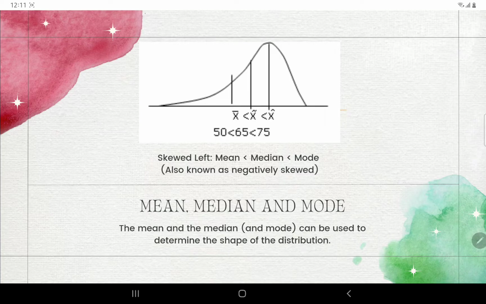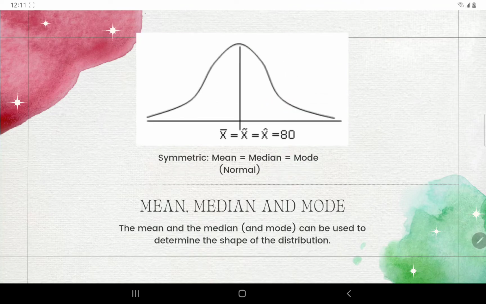If the mean is less than the median, and the median is less than the mode, the distribution is negatively skewed. If the value of the mean equals the median and equals the mode, the distribution is normal, so it will be symmetric.